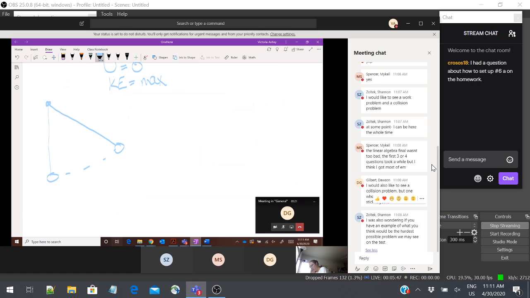So if this is your starting point and this is the lowest point, and you start by pulling it to some angle theta, and this height is h, we want to make that related to theta.